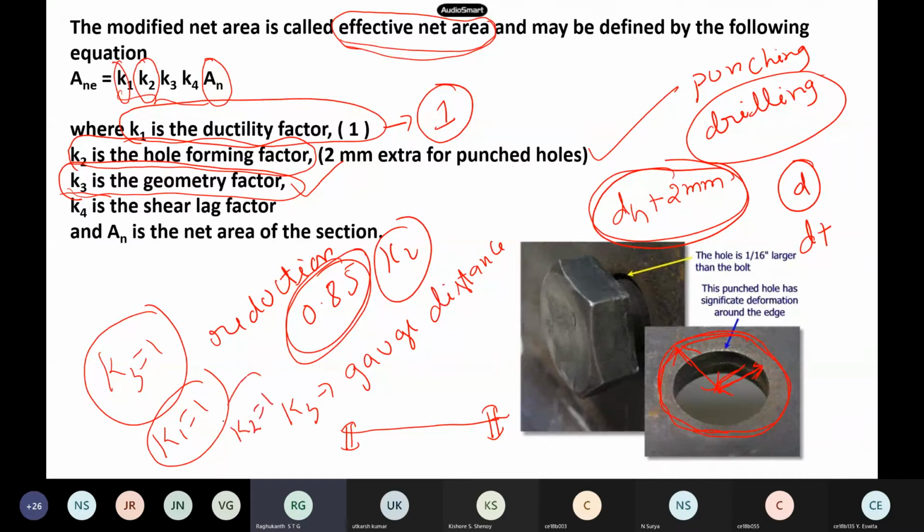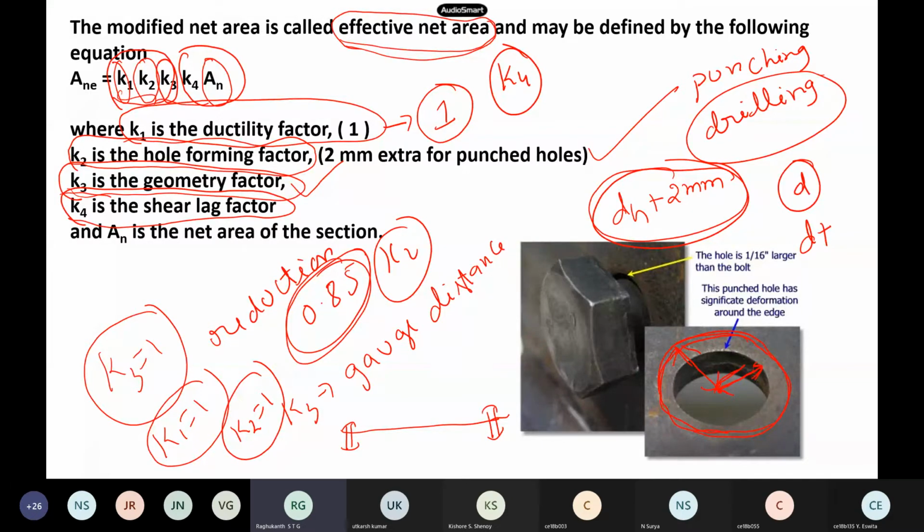Because in our IS code, instead of putting 0.85 times, what people are doing is taking K2 as 1, but increasing the diameter of the hole by 2 mm. So K1, K2, K3 are all taken as unity in our IS code. Now we have only one factor, K4, which is taken in our IS code also. This factor is known as the shear lag, which is very important in our steel design, essentially for tension members.